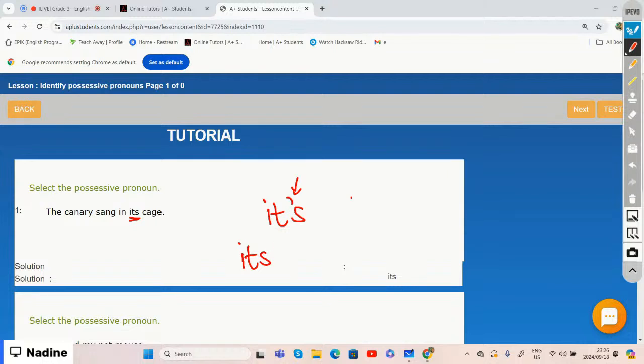It is its, because that cage belongs to the canary.